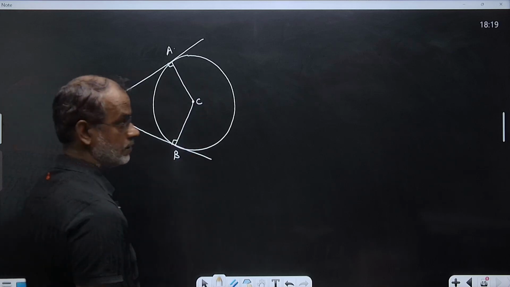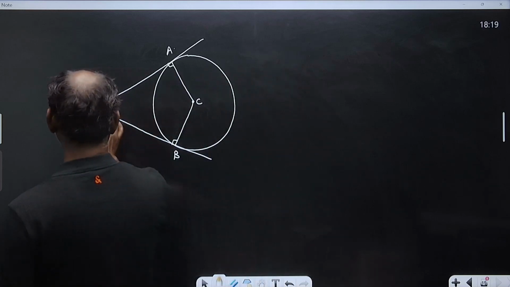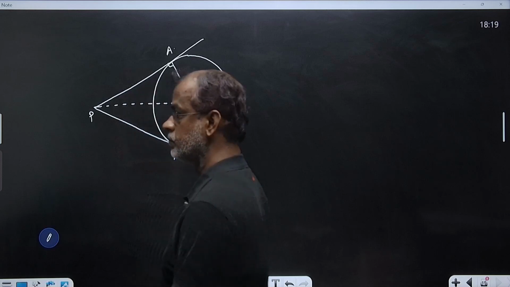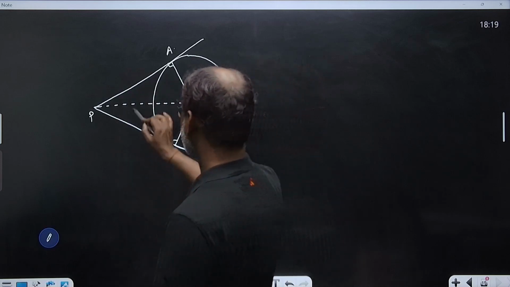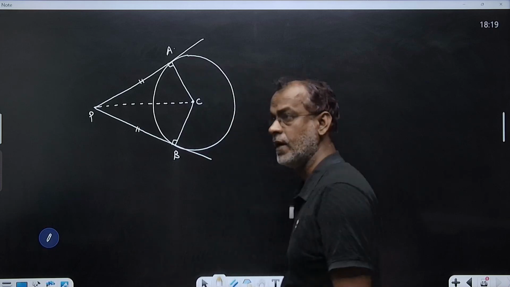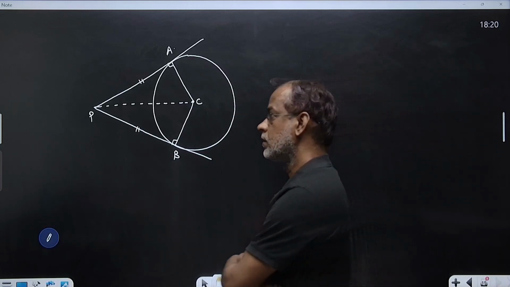This is PC. So, you can very easily now see that PA and PB are equal. These two triangles are congruent by RHS. So, PA and PB are equal in length. Fine.